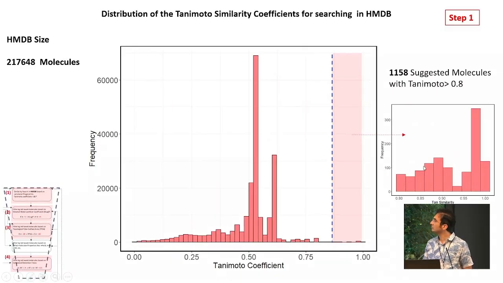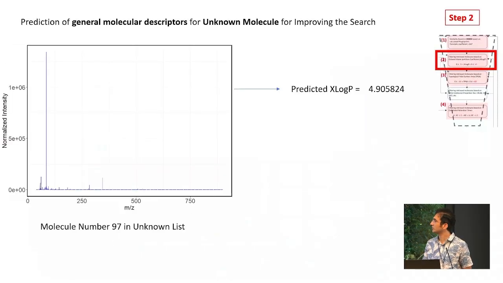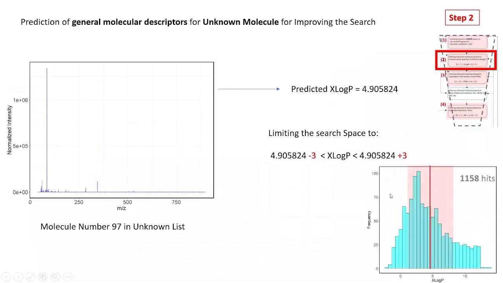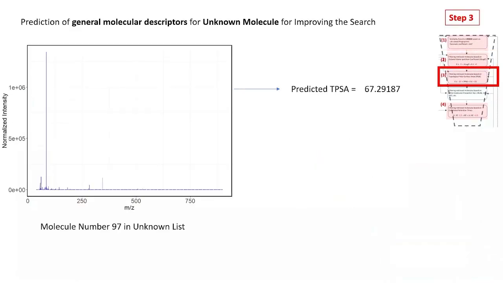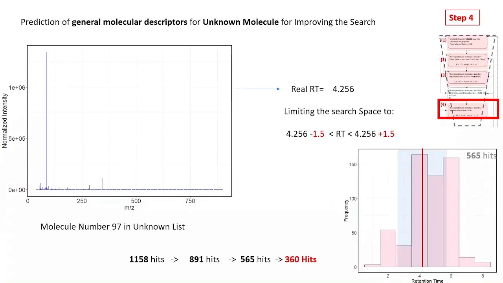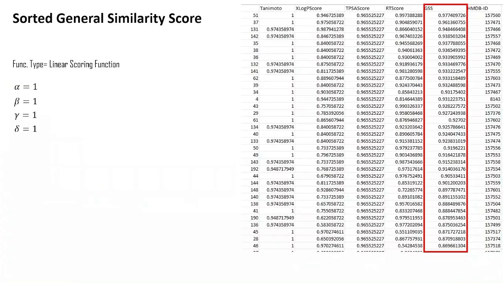And we reduced those 1,000 molecules by using the filter of log-P into a smaller number, 891 hits. It was reduced more by using the TPSA filter to 565. And finally, we implemented the retention time filter, and the number of hits was reduced to 360. And we sorted all of those 360 by using the general scoring function that we defined.